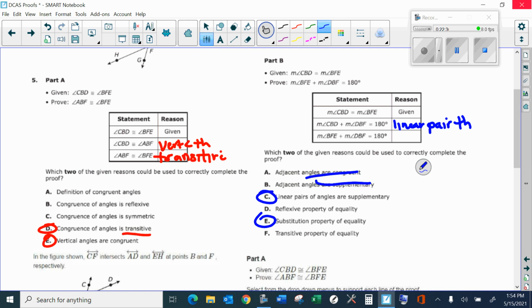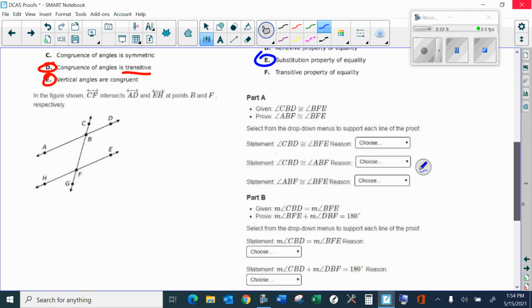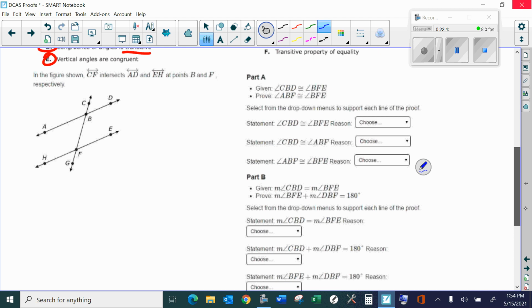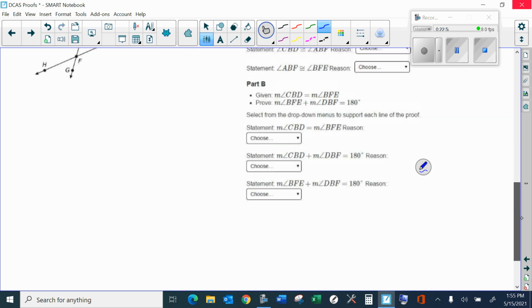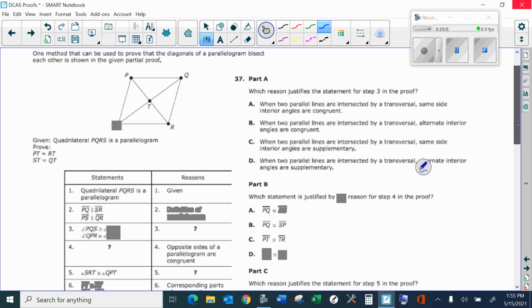So that's the two for that one. All right, now we have this here, angle CBD. It looks like this is the same thing again with just drop down menu choices. So that's the exact same problems again. All right, here we go right here.